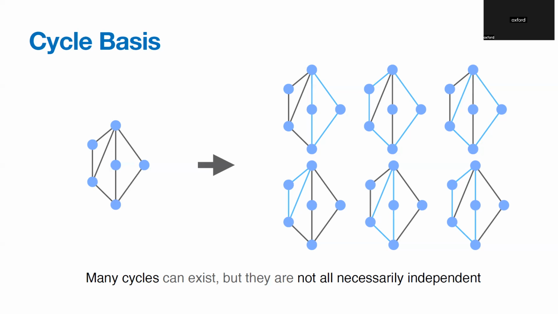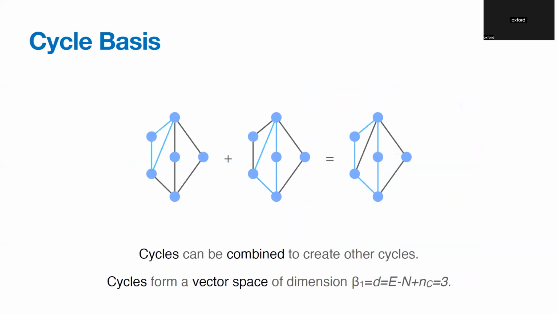As soon as you have two cycles that share an edge, then you essentially have 3 cycles, and you can express them in terms of each other. Sorry, I think I have a slide for that, so that might be clearer. Right, so if you have that cycle and you add that cycle, then essentially it's an operation modulo 2, right? So you have that edge that becomes redundant, and here we have another cycle, right?